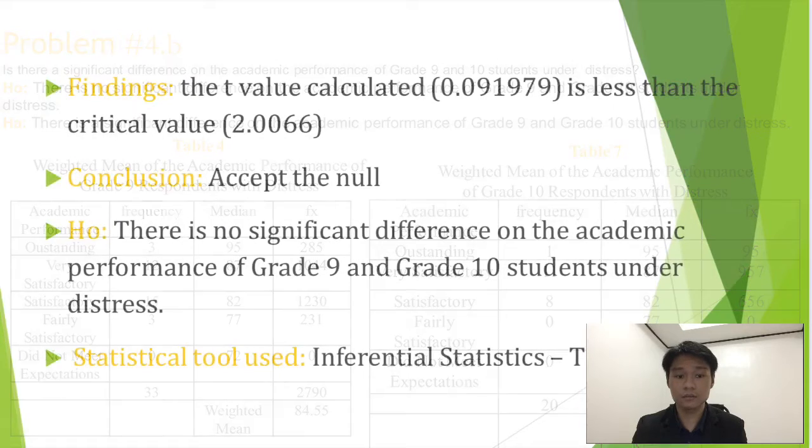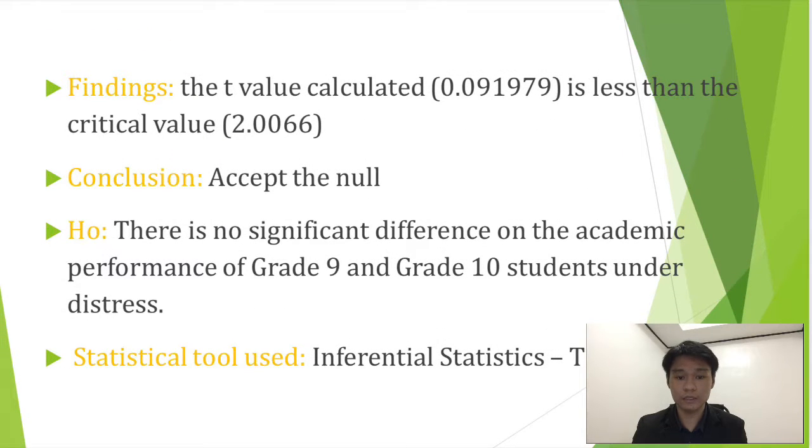For the findings, the t-value calculated, 0.091976, is less than the critical value of 2.0066. For the conclusion, accept the null. There is no significant difference in the academic performance of grade 9 and 10 students under distress. The statistical tool used is inferential statistics, the t-test.